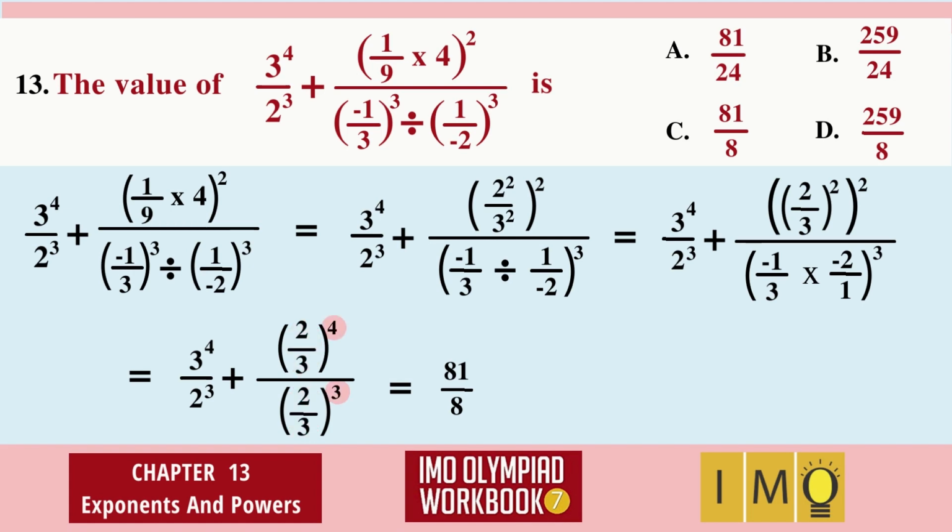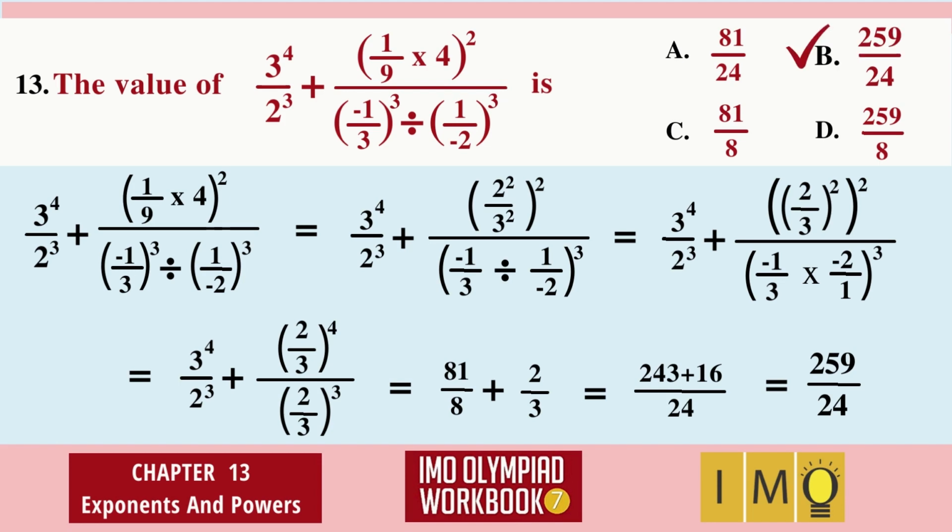So we can simplify that to 2 by 3 whole to the power of 4 minus 3, which is 2 by 3 itself. So our expression becomes 81 by 8 plus 2 by 3, which gives us the final answer of 259 by 24. So our right option is option B.